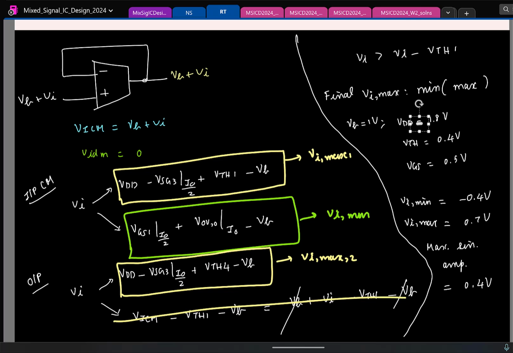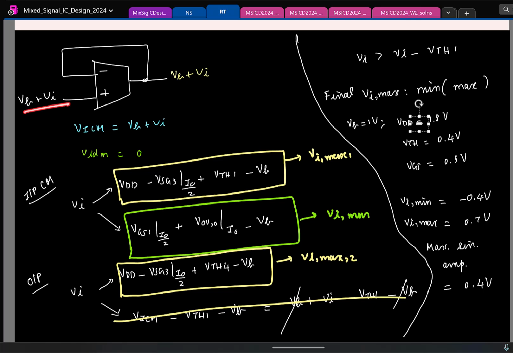Correct. Yeah, basically, right. So you think about it, the signal we are feeding is VB plus Vi, correct? So this is VB. At the lower limit, I can go to basically minus 0.7, sorry, minus 0.4. At the max, I can go as 0.7. So to have symmetrical swings, I can only do this.